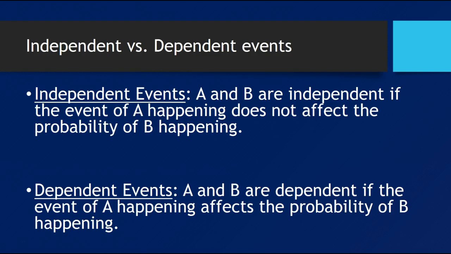Now, if we have dependent events, we can't use that rule anymore, because getting A is going to affect the chance of getting B. So once I know A, the probability of B would have changed.